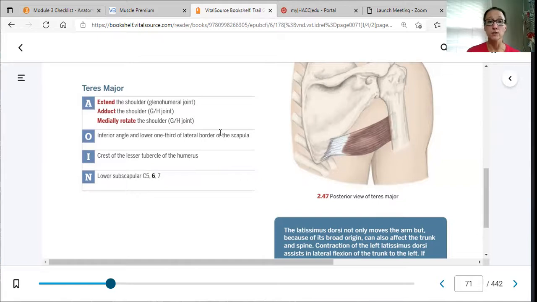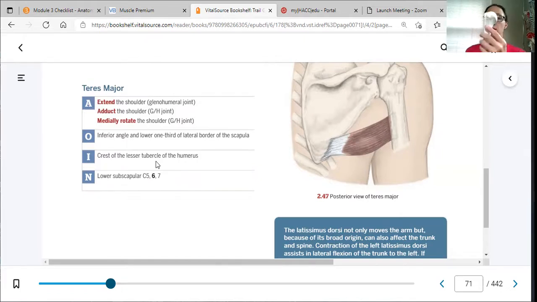If you are a visual learner, turn this 1/3 into an actual visual fraction, like write out 1/3. Okay. That way you can associate that with Teres major in a visual way. All right, and then it comes straight across basically. It also attaches to the anterior humerus, so it kind of goes around the humerus a little bit, and then inserts on the crest of the lesser tubercle of the humerus.